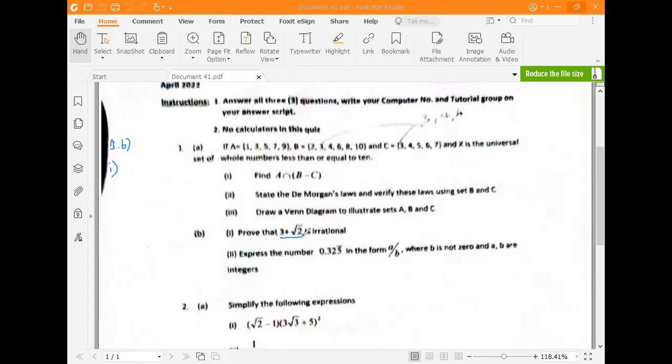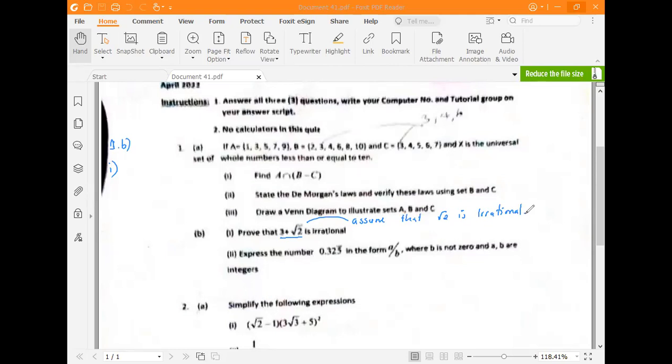This question, even if no one tells you, you assume that root 2 is irrational in your proving.